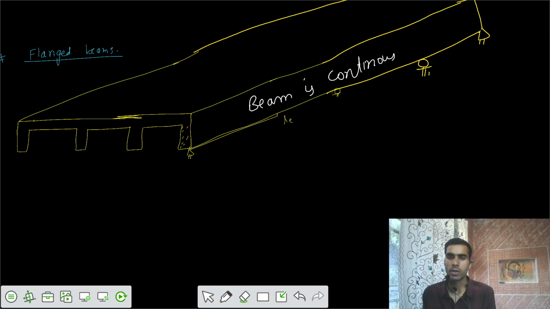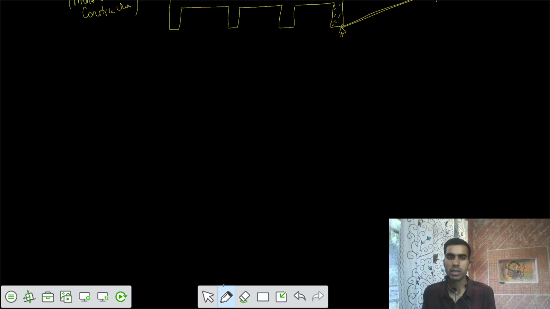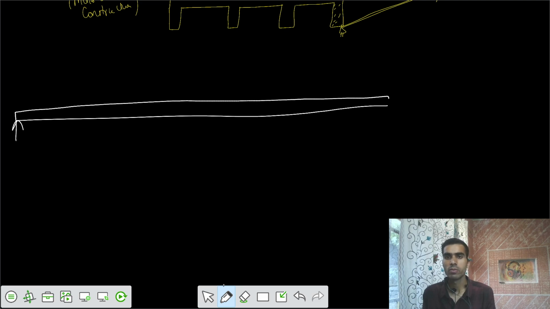Then for a particular beam, if you want to draw the BMD, let's say this is one of the beams we have, and we have a few number of supports because the system is continuous. If I want to draw the BMD because of the loads, your BMD would be some sort of diagram in this way.